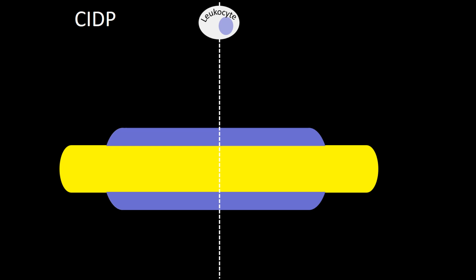On the left side, I will represent the pathophysiology of chronic inflammatory demyelinating polyneuropathy. For this purpose, I will introduce two proteins that glue the axon and the myelin together. They are called adhesive proteins.